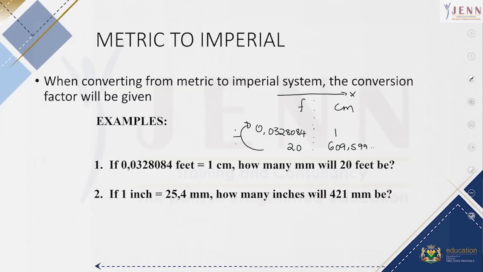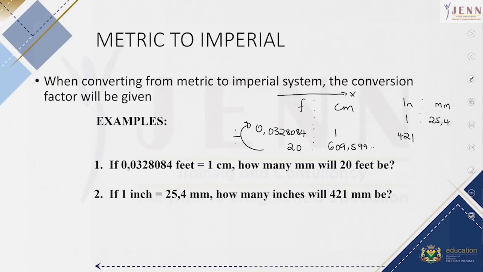So the units that you are working with are inches to millimeters. 1 inch is equal to 25.4 millimeters. Then what is the question? You have to convert millimeters to inches. So again, it has to be in line with inches.